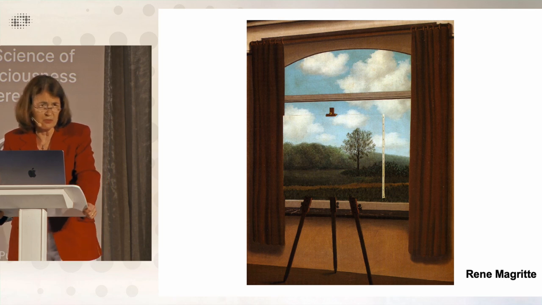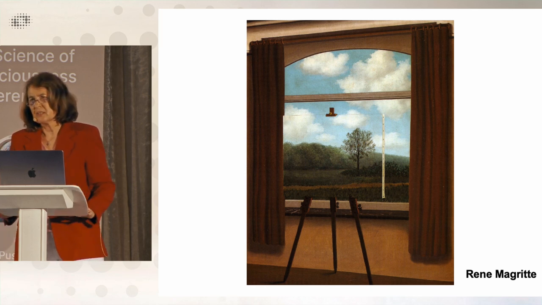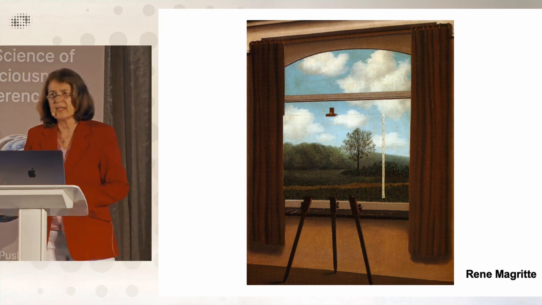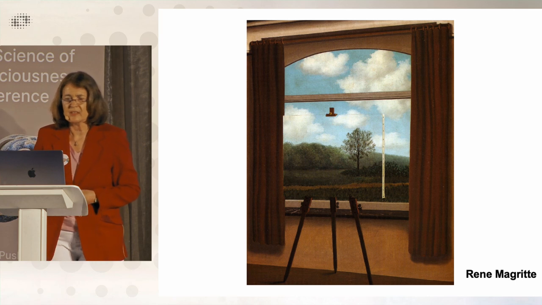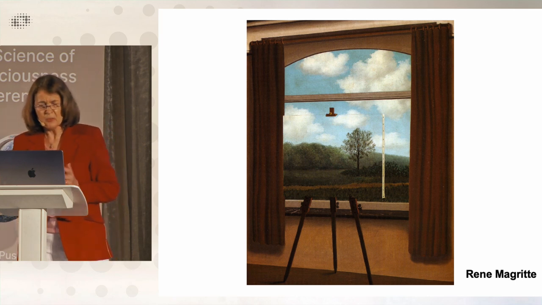But we'll start in a different place. We'll start in the world of art, and this is a painting of one of my favorite artists, René Magritte. And I love Magritte's art so much because, to me, it encapsulates the experience of visual perception, and I'm a vision scientist by training. Now, what we're looking at here is the canvas that the artist left at the end of the day in front of a window.